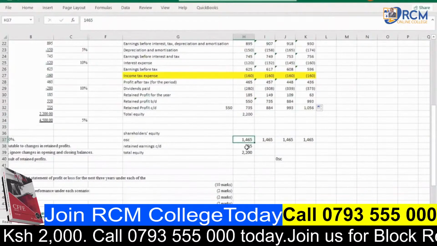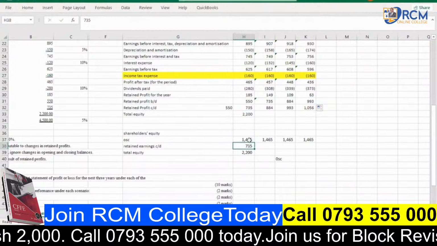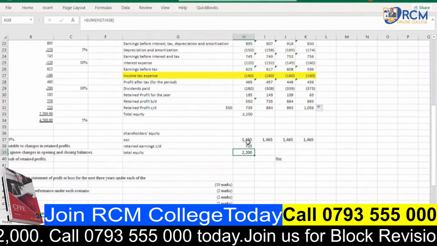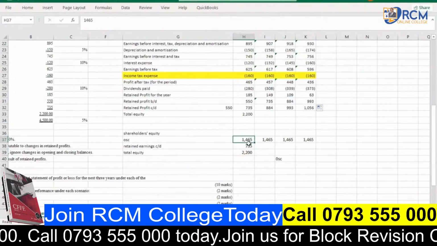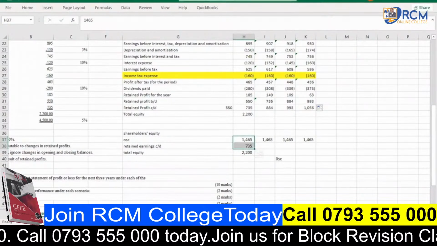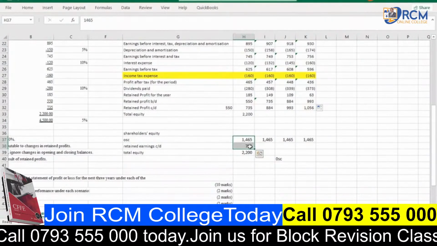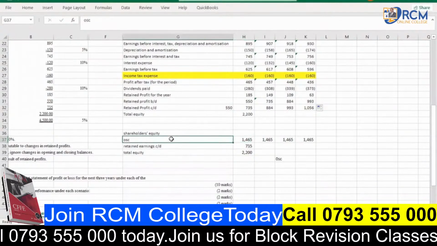So if we have 735, we add it to an unknown value, which is the ordinary share capital, we'll be able to get 2200. That unknown value happens to be 1465. If you add 1465 to 735, unapata 2200. Sasa tumekuja hapa tukapata 1465. This 1465 is ordinary share capital.